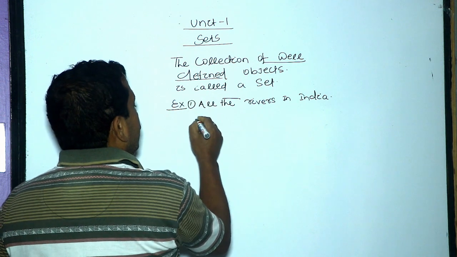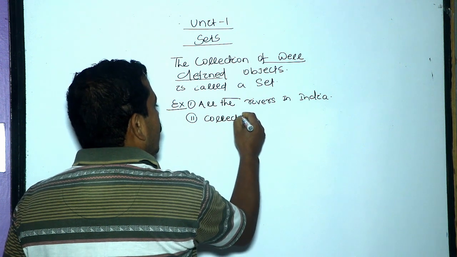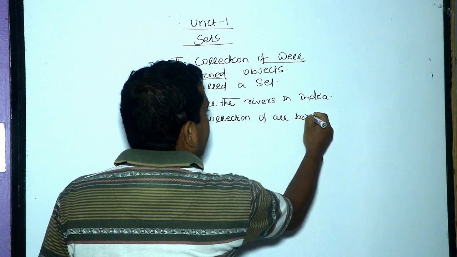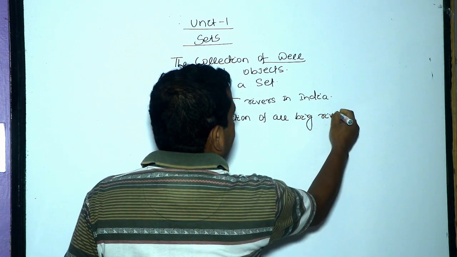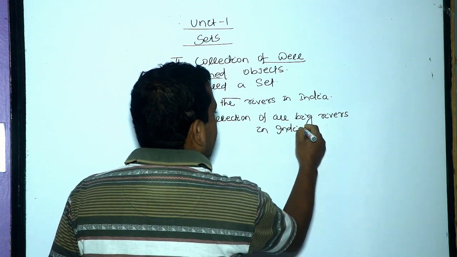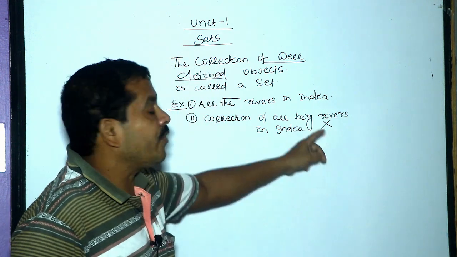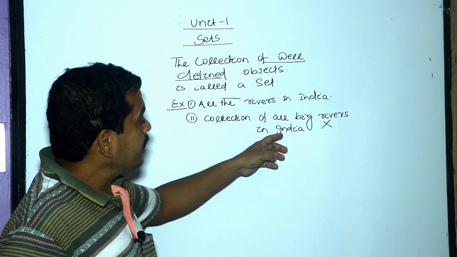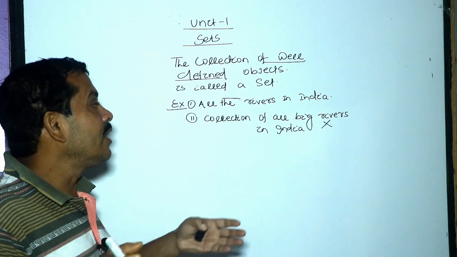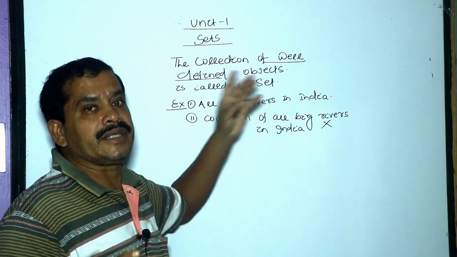If collection of all big rivers in India, it is not a set, because the word big is not well defined. In which way the rivers are big, either in length or in width, it is not well defined. So it is not a set, but this is a set.